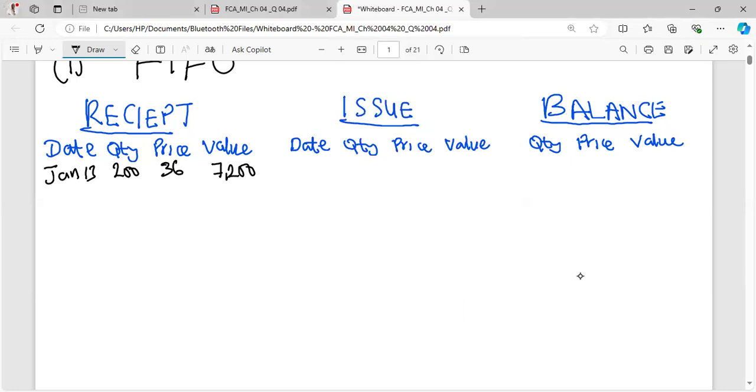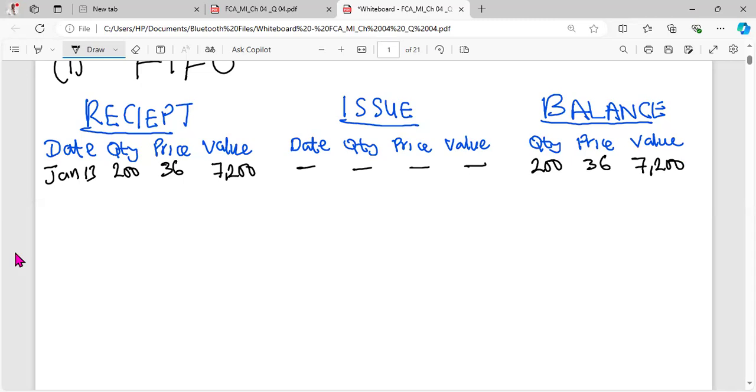Then here, I'll put a dash, a dash, and a dash. So it means we have 200 in balance, priced 36, and the value is 7,200.